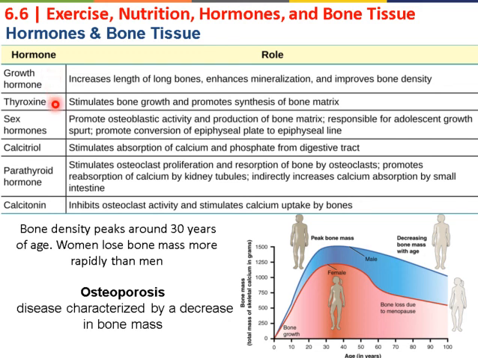Another important hormone is thyroxine, which again stimulates the bone growth and bone matrix. Now, sex hormones are essential for a period of time.